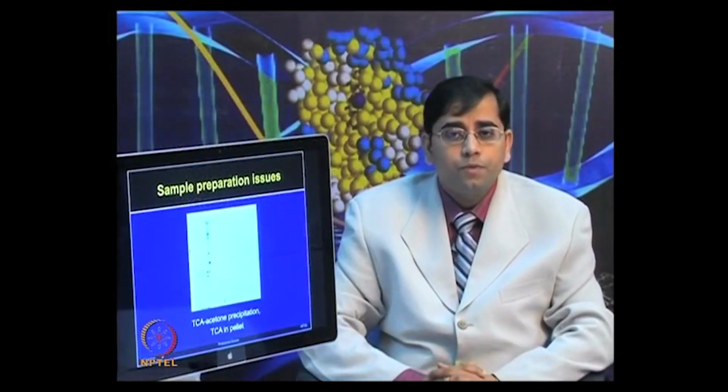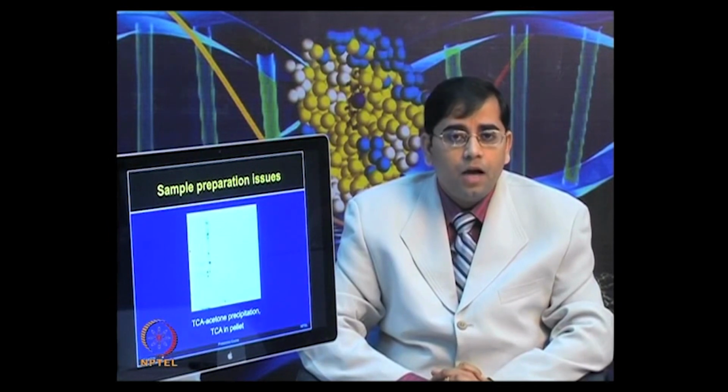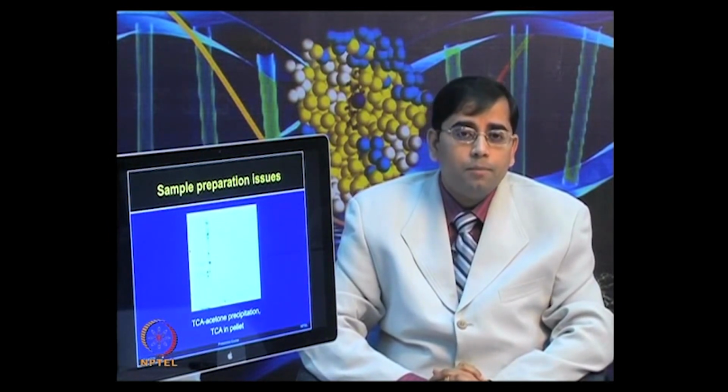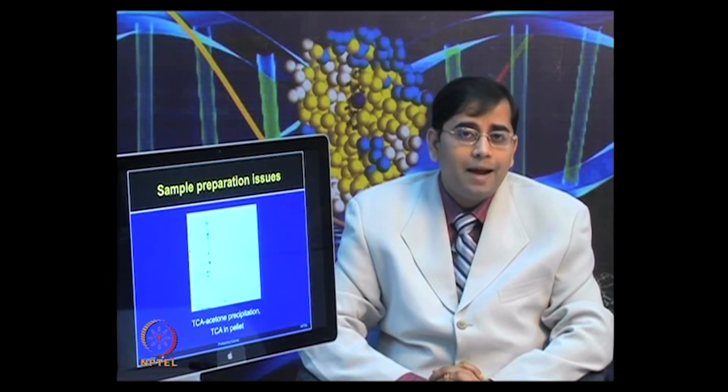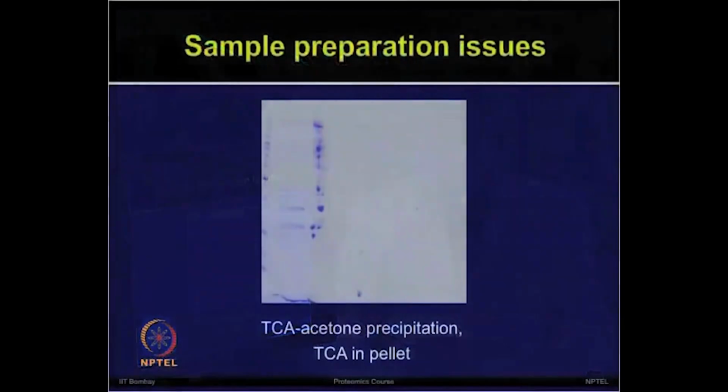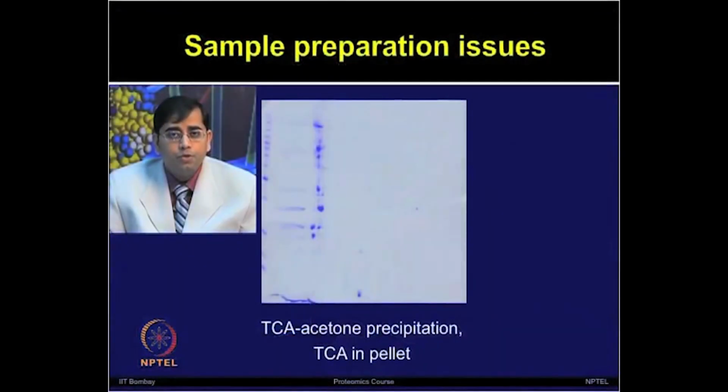I am showing you a few problematic gels, and how even small mistakes or issues inherent to your biological samples can give rise to very bad 2D gels. For example, I am showing you a few sample preparation issues. In this gel, as you can see, the TCA acetone precipitation method was followed, but there was not good washing performed.